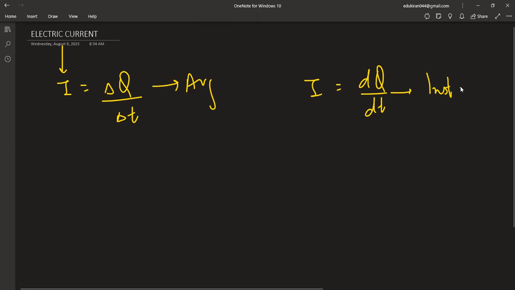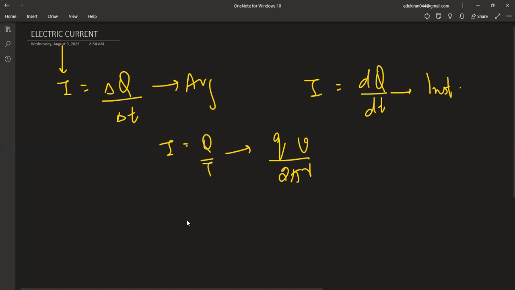Okay, so this is instantaneous current. Current is a scalar quantity, and its SI unit is ampere. One more thing regarding the current formula: it is charge per unit time. So we can write this as Q by 2 pi R into V, when we write time period as distance upon speed.